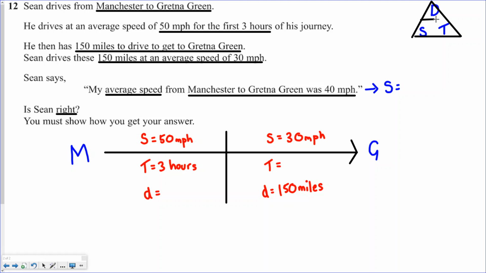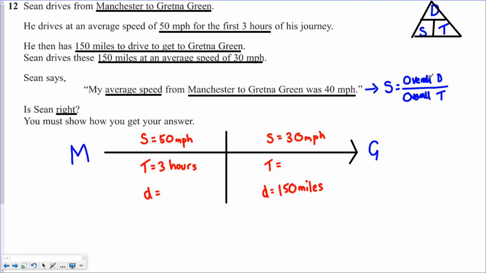Now the way you use this triangle is you cover up the variable you're trying to work out. In this case, we're trying to work out speed. So if I cover up S, it will give me D divided by T. Now for this journey, because there's two parts, it's going to be the overall distance divided by the overall time.